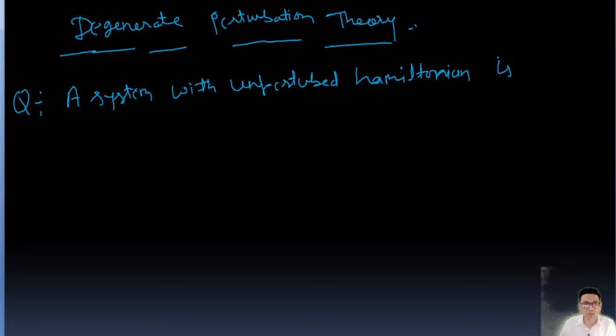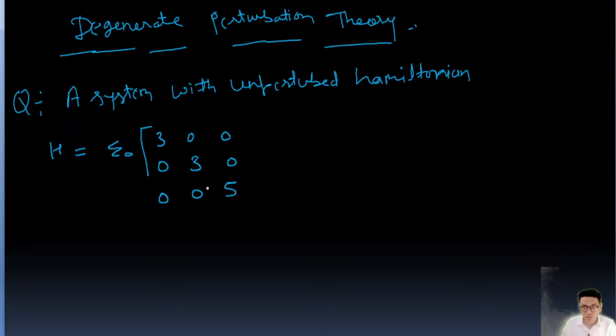H equals epsilon naught, or E naught, times the matrix 300, 030, 005.